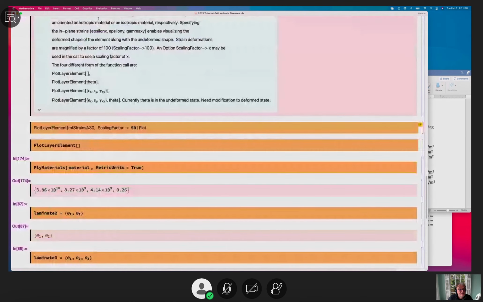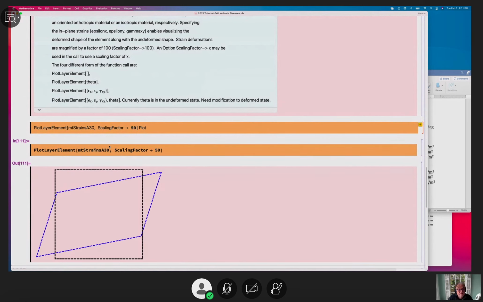I want to find out if this is because of formatting. Yeah, so this is a scaling factor of 50, so the formatting here confused the statement.